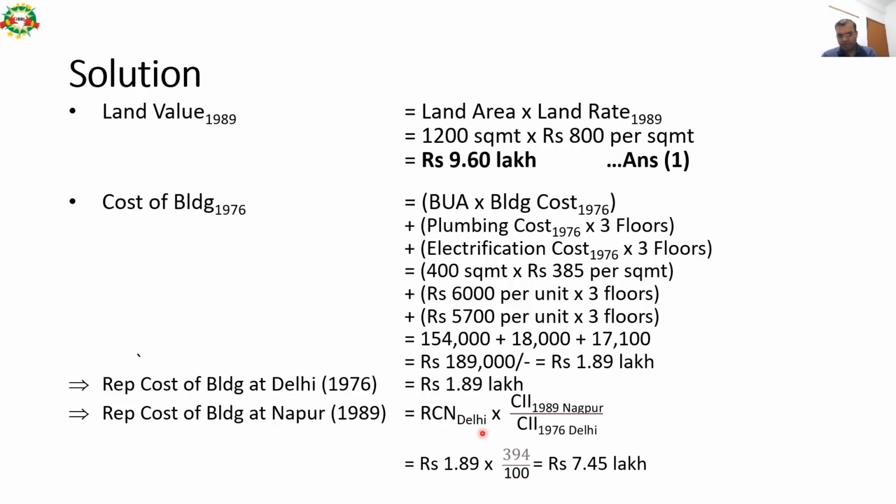So this value is for 1976 for Delhi, so we divide this value by 100, and if we multiply it with cost index for 1989 for Nagpur location, that will give us the value of the building for Nagpur location in 1989.